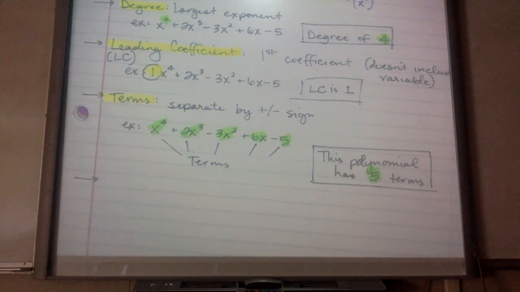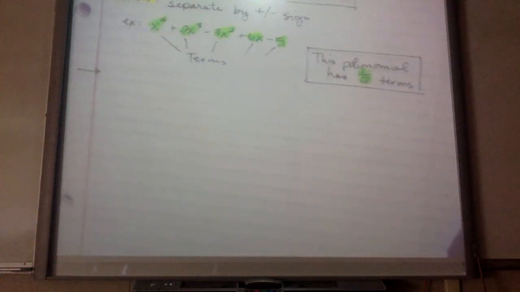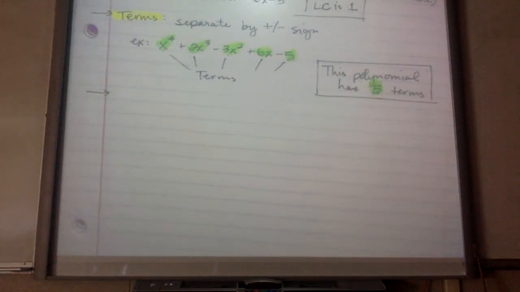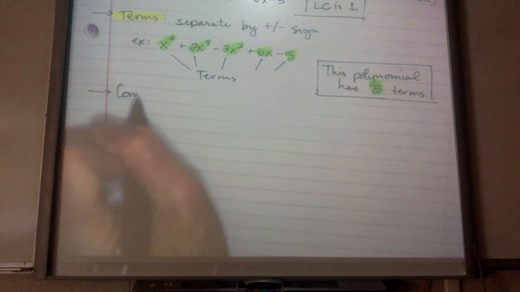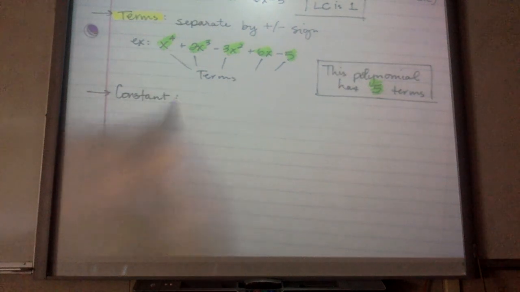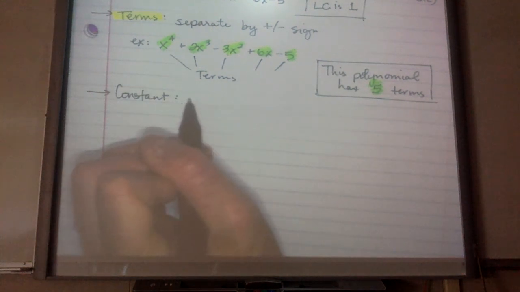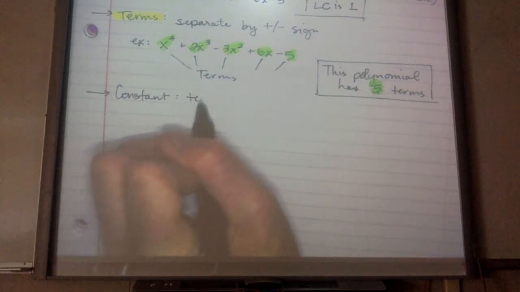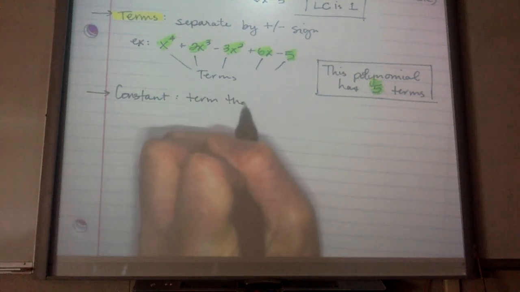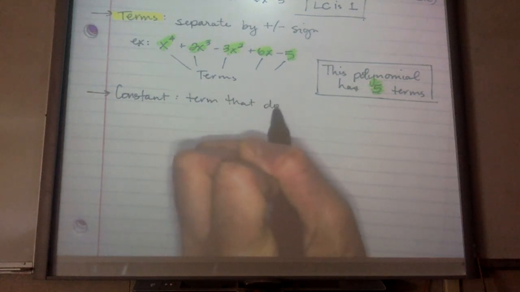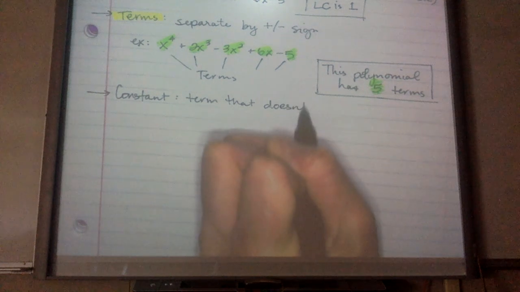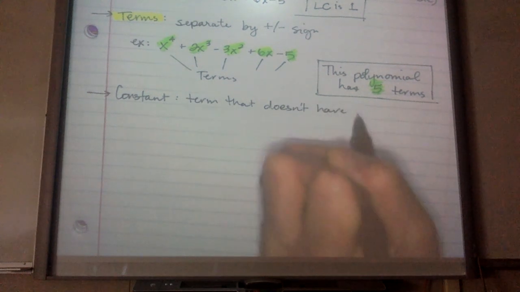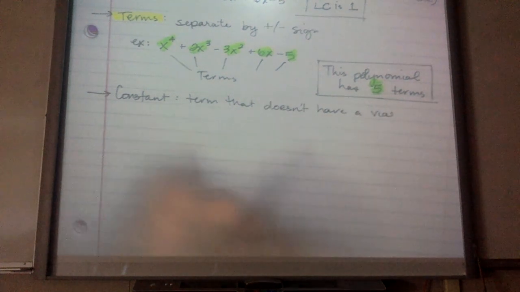Last thing that this section covers is, and these are good notes, guys, you're welcome, the constant. And the constant is, technically, the term that is constant, or the term that doesn't have a variable.